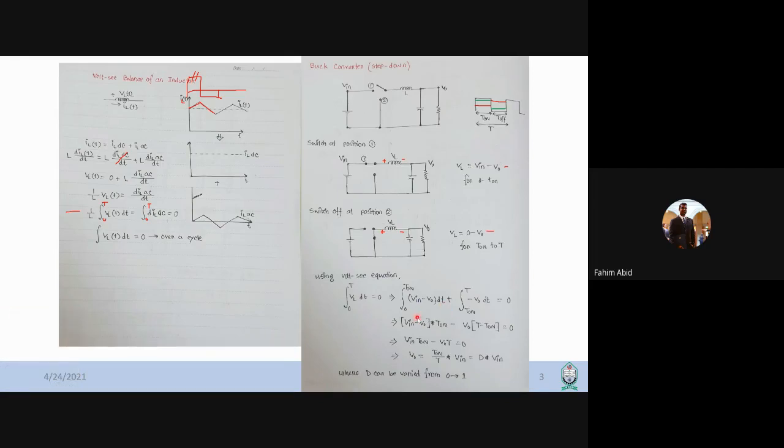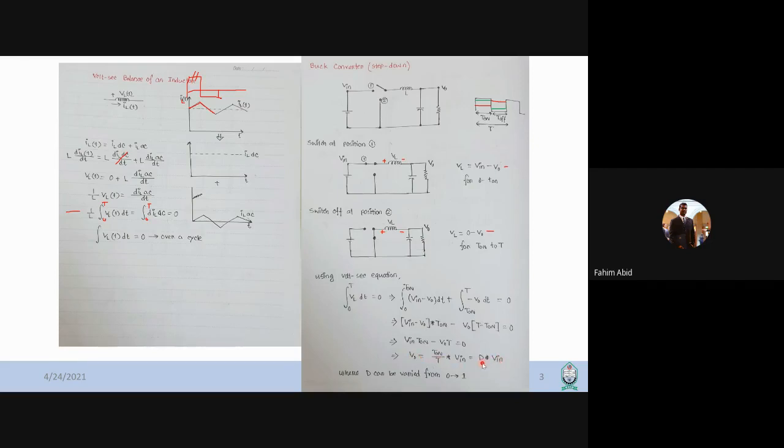If you integrate it, it's V in minus V out multiplied by t on, minus V out multiplied by T minus t on, where T is the overall period. This should be equal to 0. With simple manipulation, you end up with the equation where V out is the duty cycle D multiplied by V in.